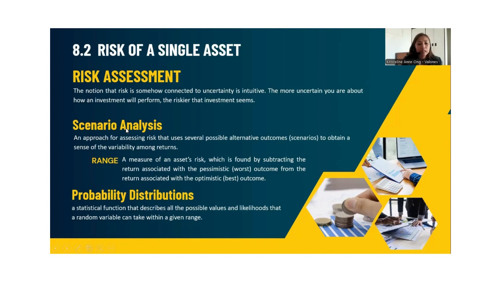Scenario analysis is a measure of an asset's risk, which is found by subtracting the return associated with the pessimistic or worst outcome from the optimistic or best outcome. The probability distribution is a statistical function that describes all the possible values and likelihoods that a random variable can take within a given range.